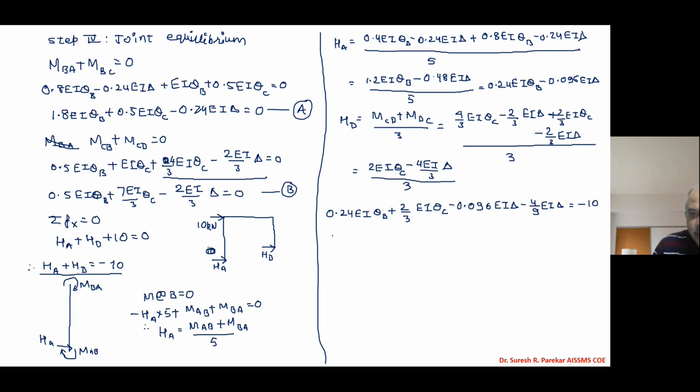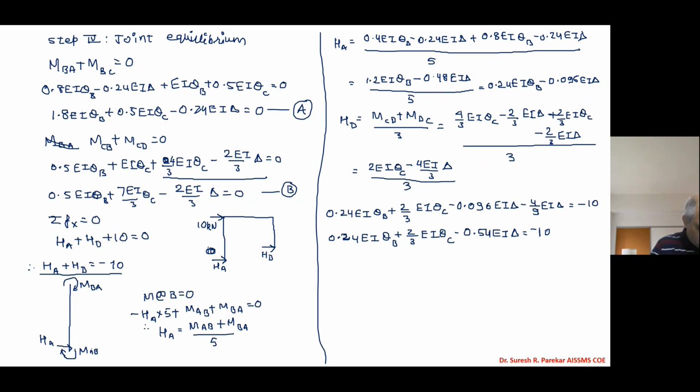And this equation becomes 0.24 EI theta B plus 2 by 3 EI theta C minus 0.54 EI delta equal to minus 10.